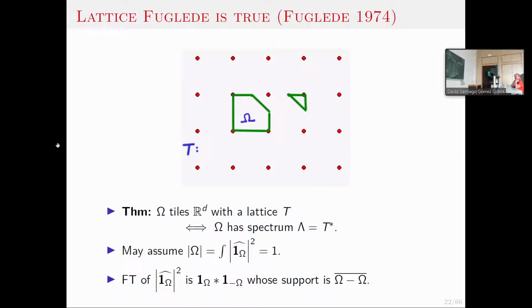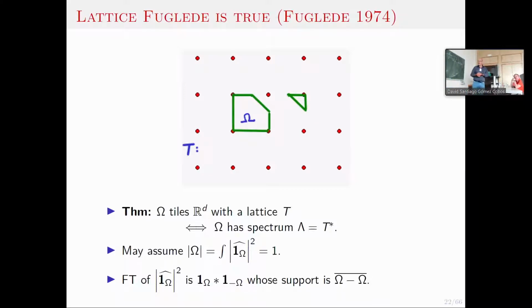So we have to look at this object because, in order to have a spectrum, this guy must be able to tile. So what is this guy? It's the Fourier transform of 1 omega convolved with 1 minus omega. Now this function here is strictly non-zero exactly in omega minus omega, the interior of it.